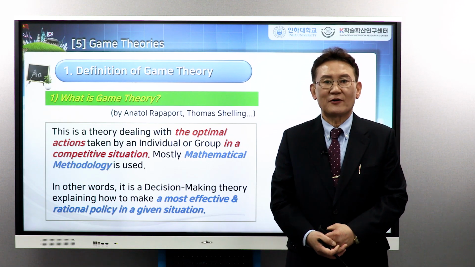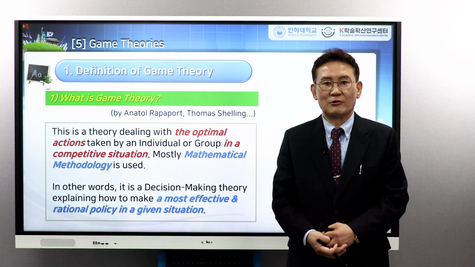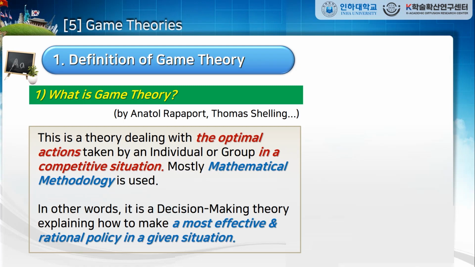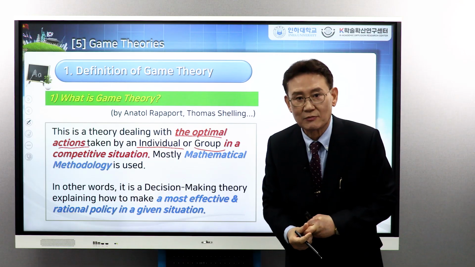Now, let me define the game theory. What is game theory? Game theory deals with the optimal actions taken by an individual, one person, or group in a competitive situation. And mostly mathematical methodology is used. But in this section, I'm not going to use any mathematical methodology.